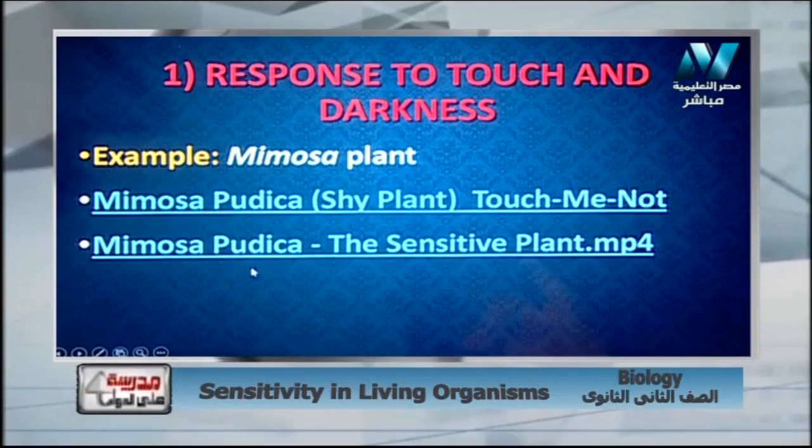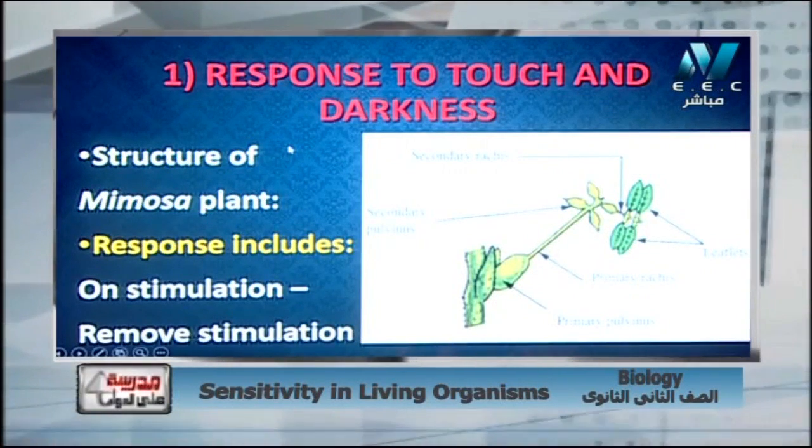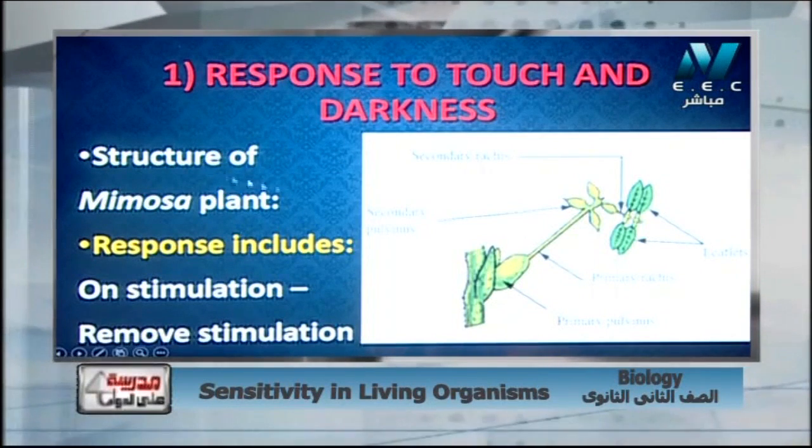So the movement in a mimosa plant occurs in two steps. The first step is giving the response to touch, and the second step is that it regains its original state or original position.